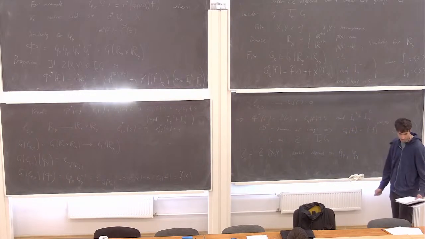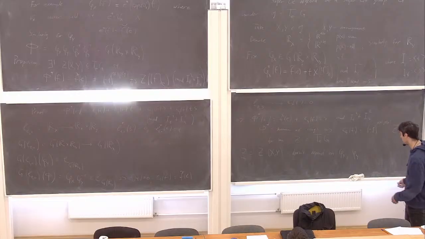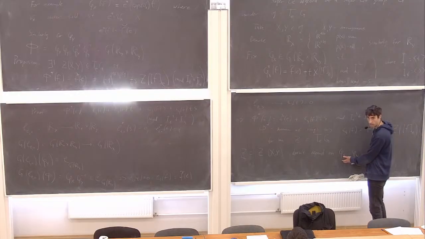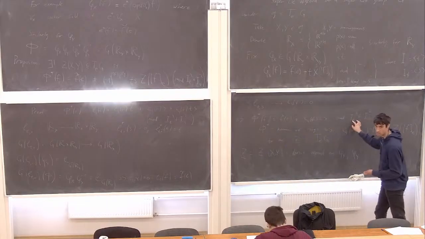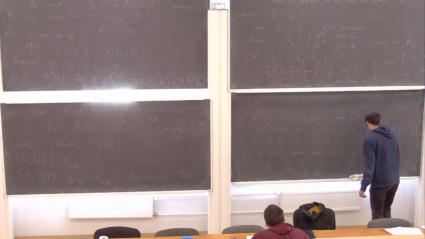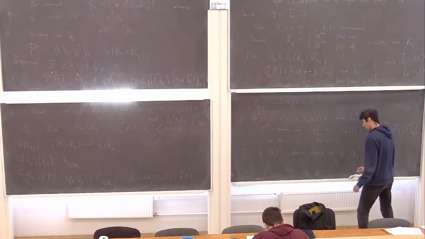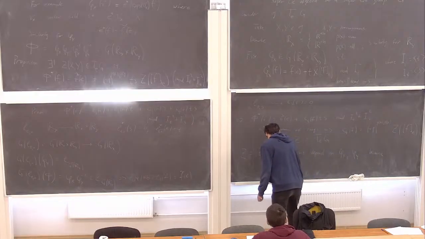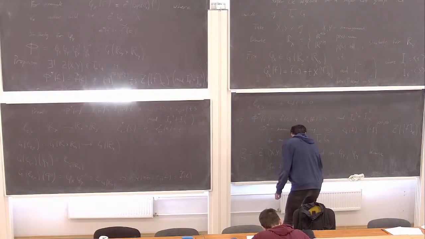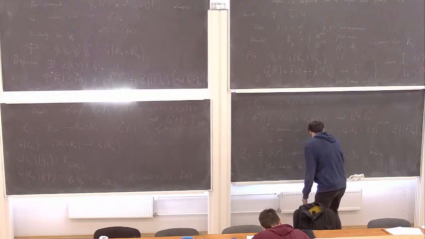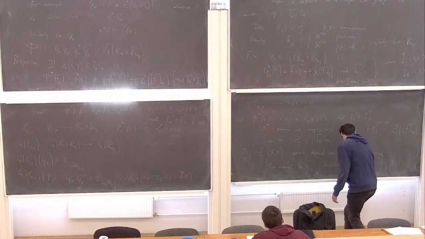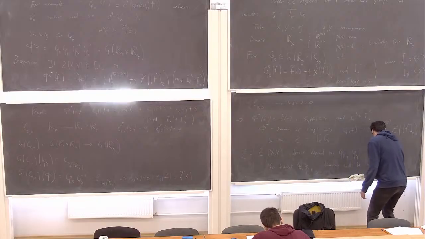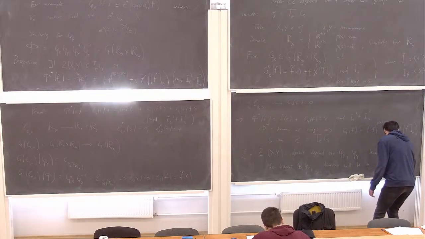Well, this is just again because if I take different phi x and phi y, the difference will be in this ideal, right? Because for different phi x, phi y, the difference will be in IT squared plus IS squared.